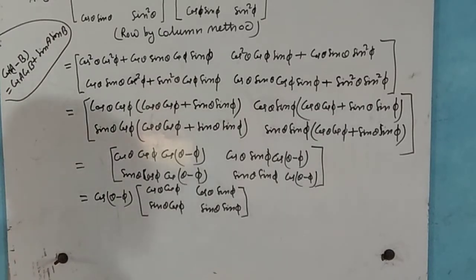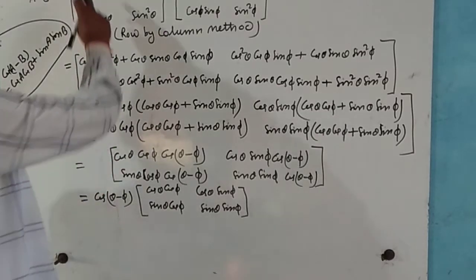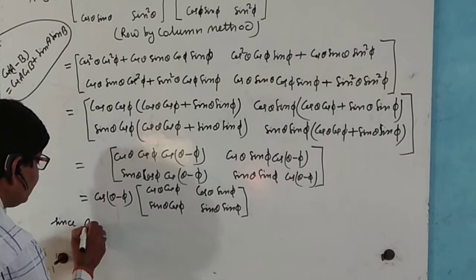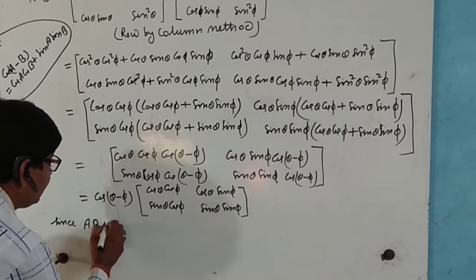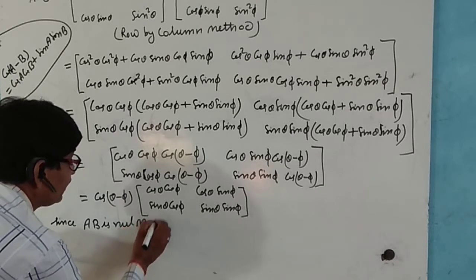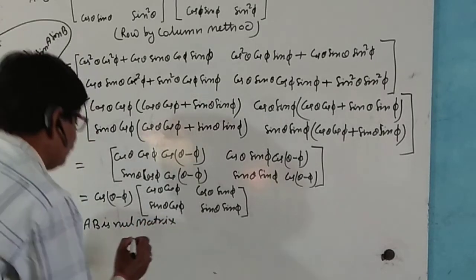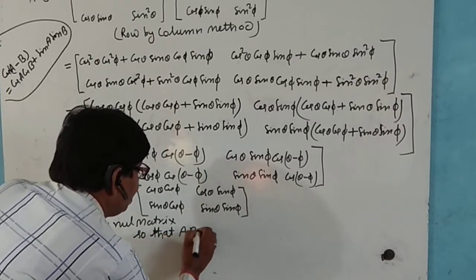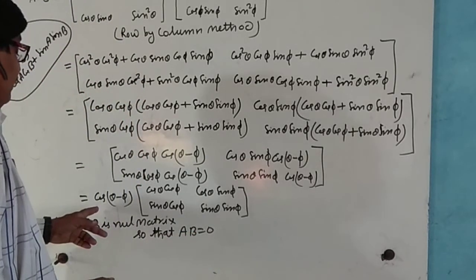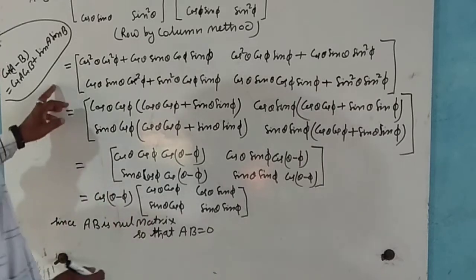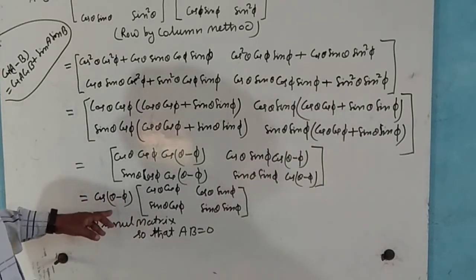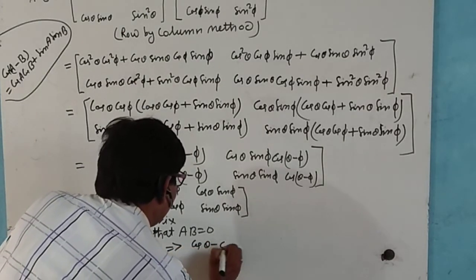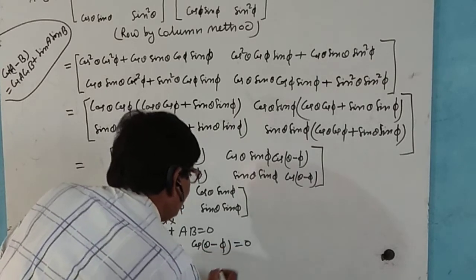Now, since AB is a null matrix, AB equals 0, which implies that cos(theta minus phi) equals 0.